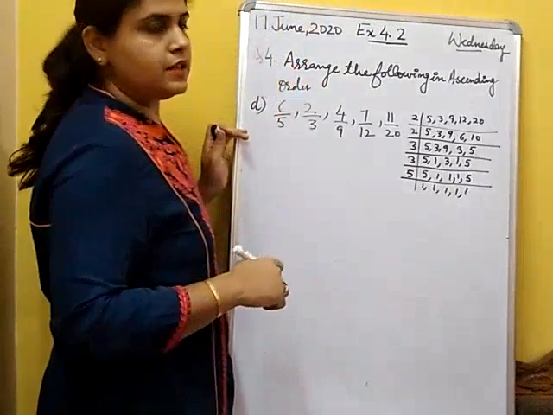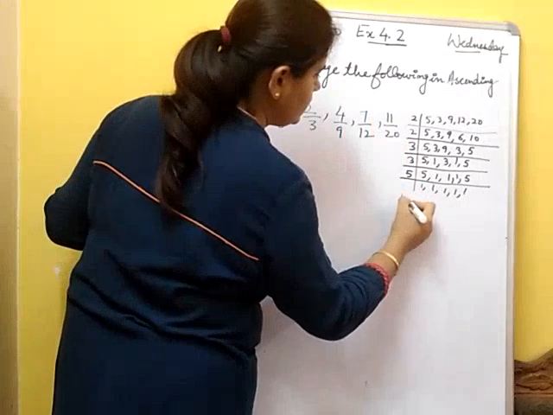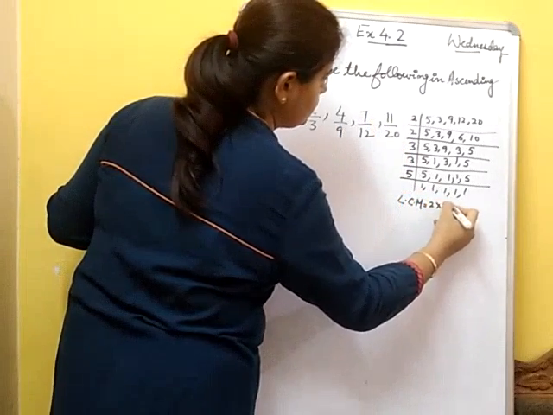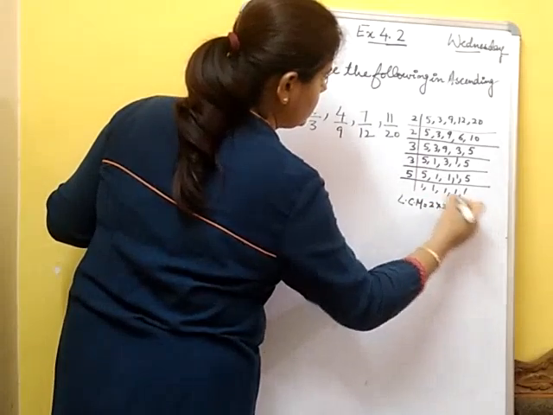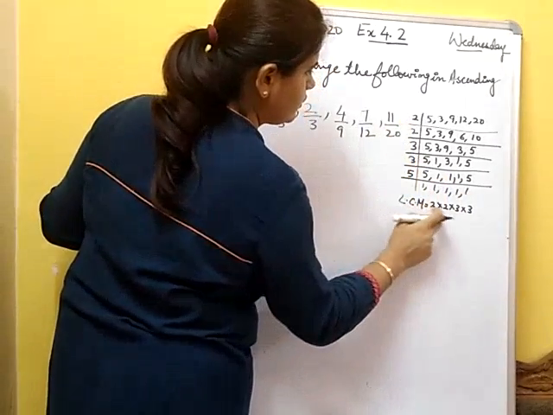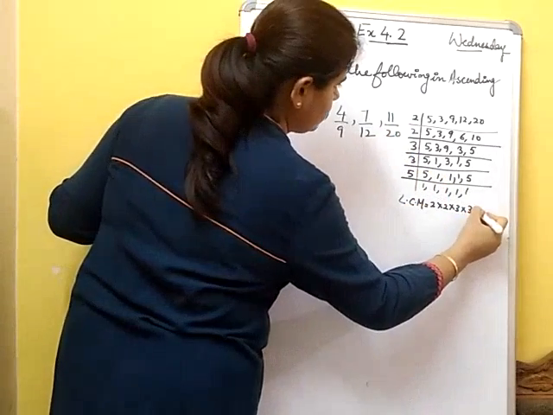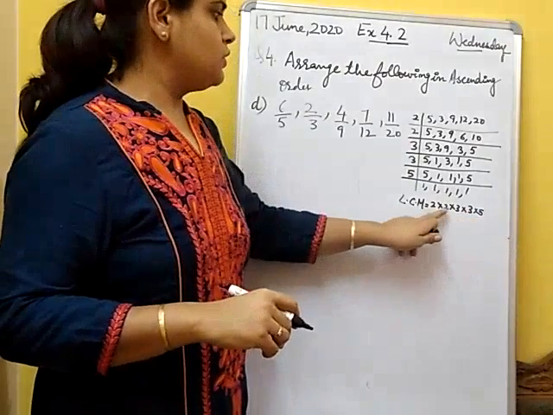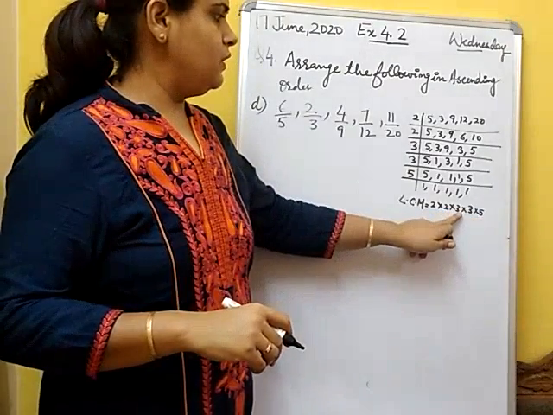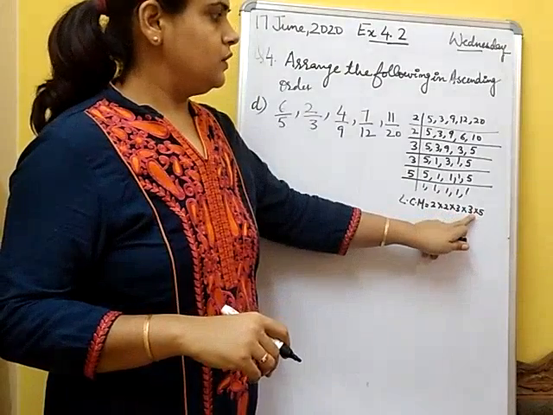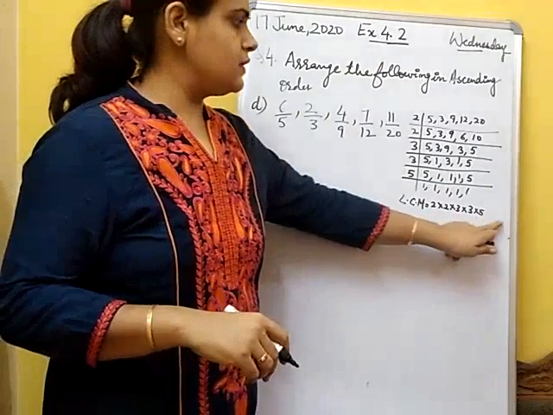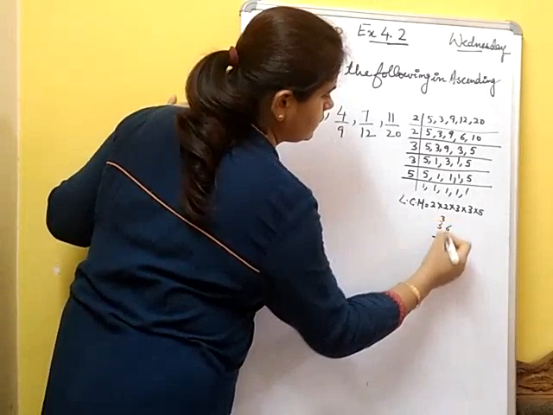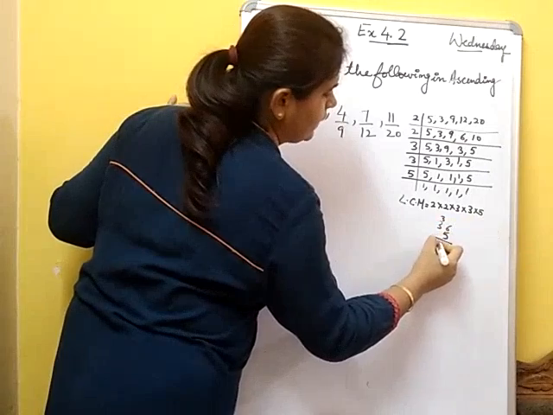So LCM of these given numbers will be 2 multiply 2 multiply 3 multiply 3 multiply 5. 2 2s are 4, 4 3s are 12, 12 3s are 36, 36 5s are 180.